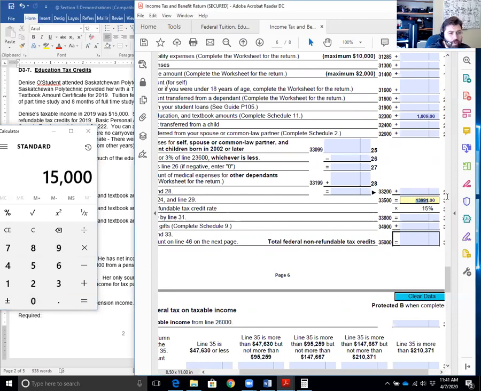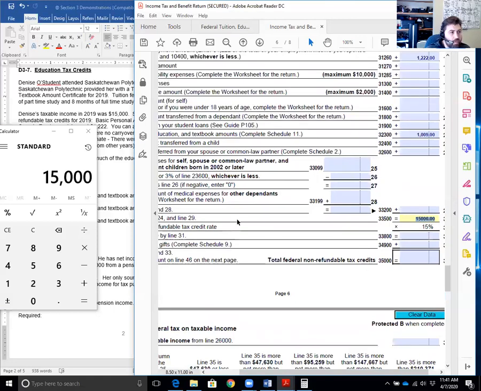Okay, so we've got 15,000 worth of tax credit amounts. What a coincidence. That is exactly what our taxable income is. So that's what that form made us do. It made us bring our taxes owing to zero by bringing our tax credit amounts to equal exactly what our taxable income was.